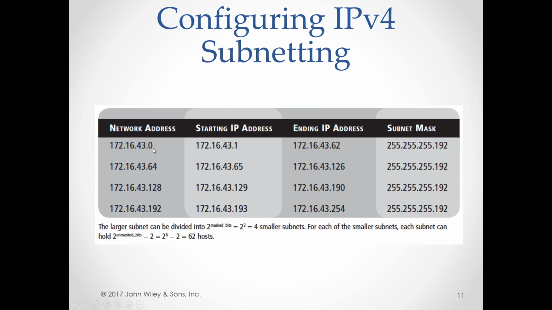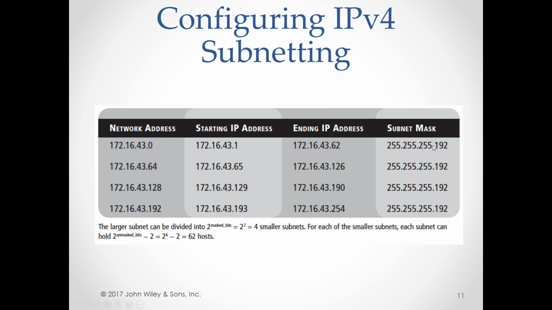Remember, 0 is a number. How many IPs are actually in this network? 64. 0 to 63. That's what that 192 is.